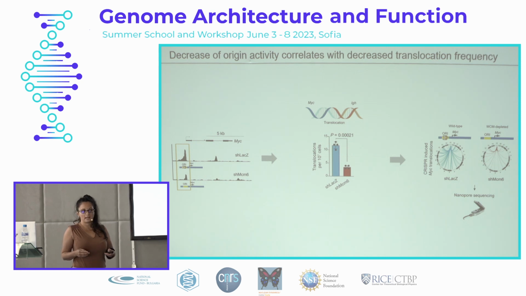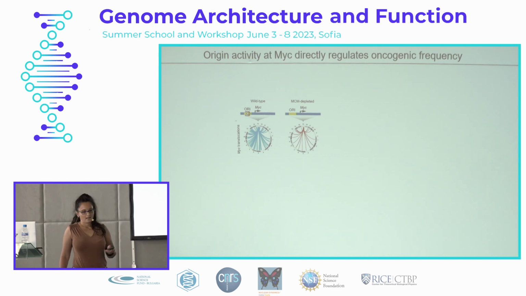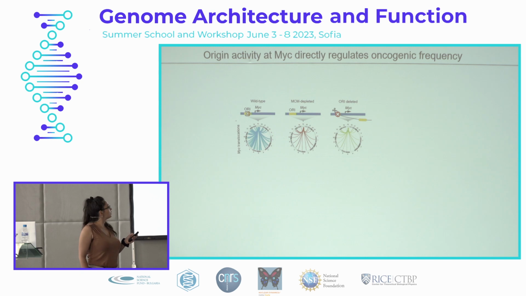But this is only a correlation, so we wanted to see if there is a direct relationship between the origin activity and translocation frequency. To do this, we decided to delete the origin of replication upstream of MYC. We observed that when we delete the origin of replication, we also have a significant reduction of the MYC IGH translocations and also the MYC translocations genome-wide.